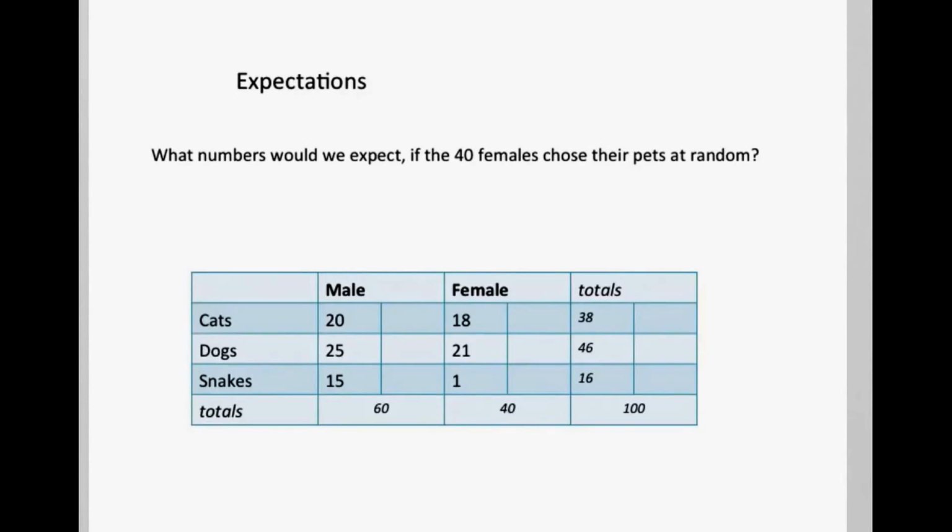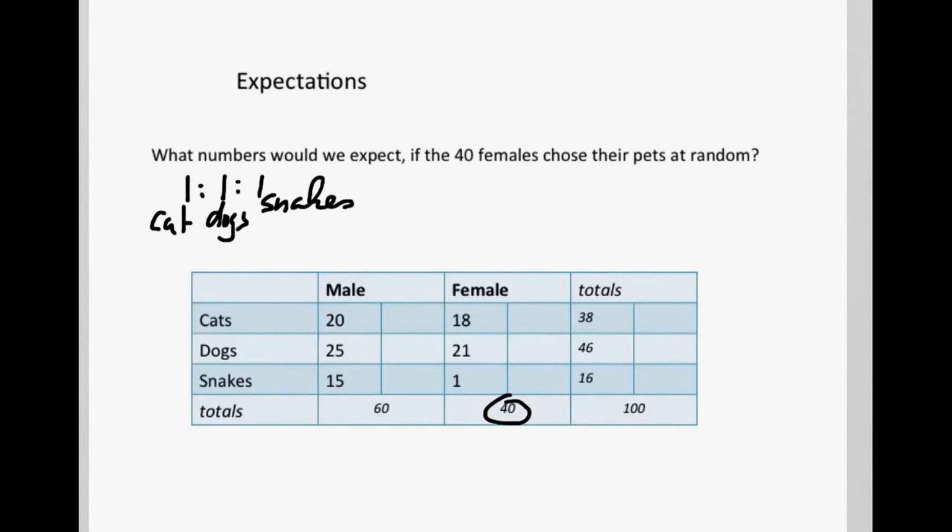Now, what we've got here is 40 females. And again, as before, if it is completely random, then we would expect a 1 to 1 to 1 ratio for cats, dogs, and snakes here.